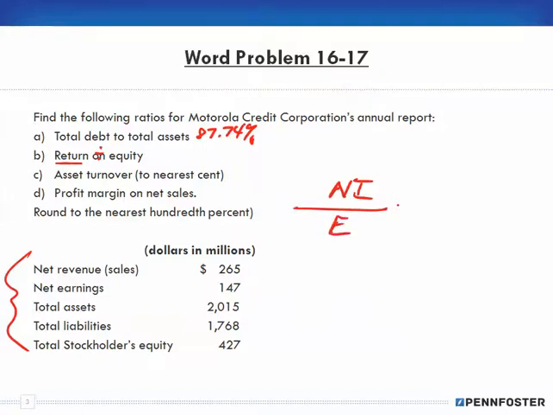So my net income divided by my equity. When I look down here in my data, I have my net income, earnings is equal to income. So I have 147 over my total equity of 427.